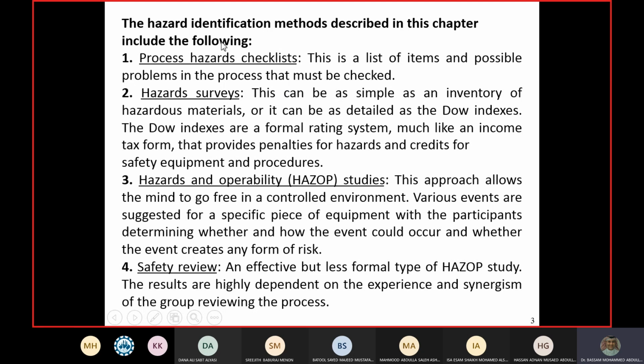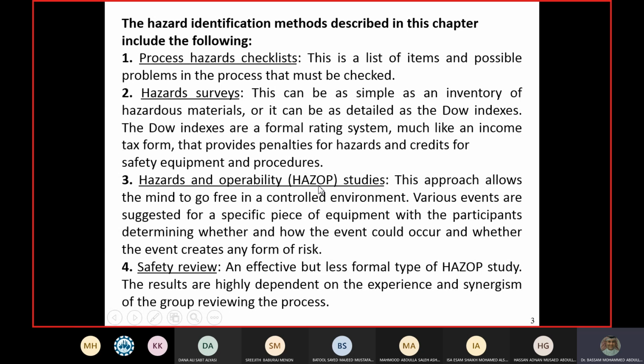Because I already have a few minutes, let me use those minutes. For hazard identification, we are going to use something called the hazard checklist, hazard surveys, HAZOP studies, safety review. Now, the HAZOP study here is the one which looks like the failure mode and effect analysis.